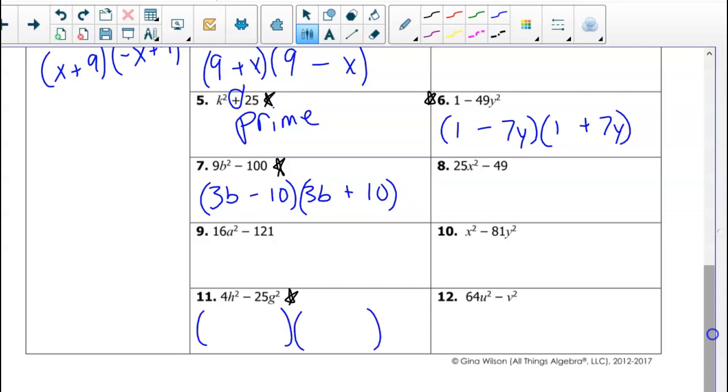The square root of 4h squared would be 2h. The square root of 25g squared would be 5g. So 2h, 5g, plus, minus. The hardest part about this is really finding the square root of these numbers.